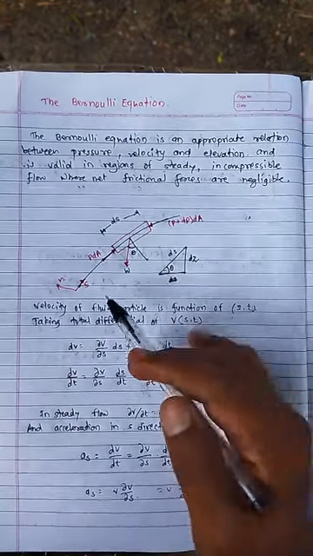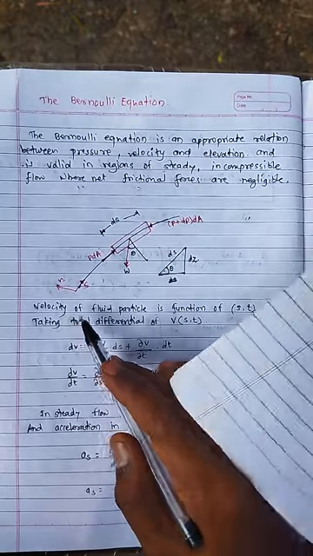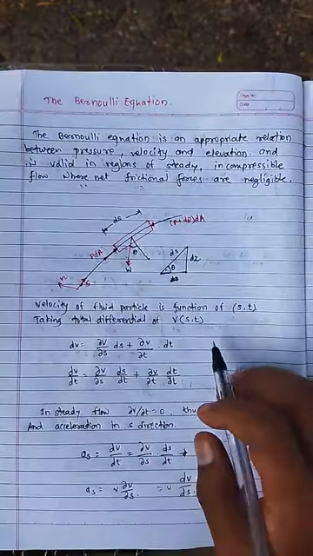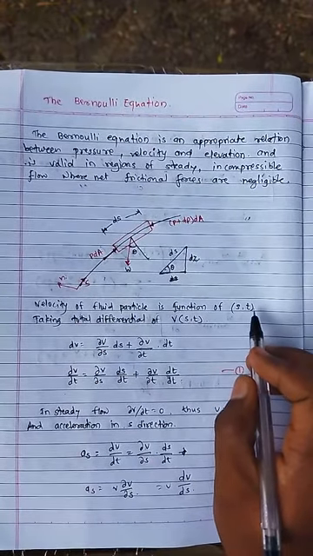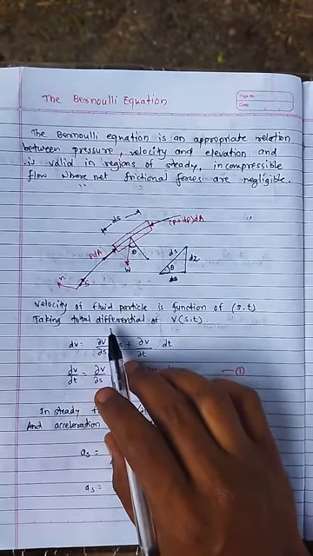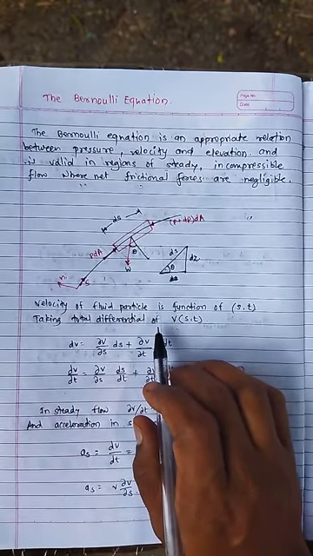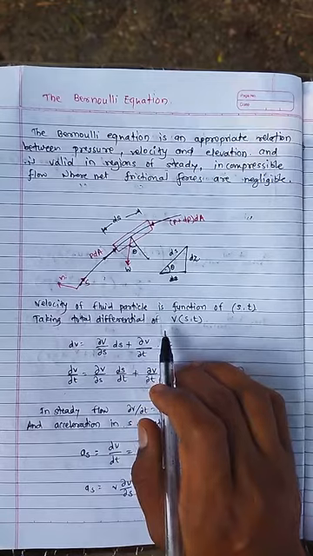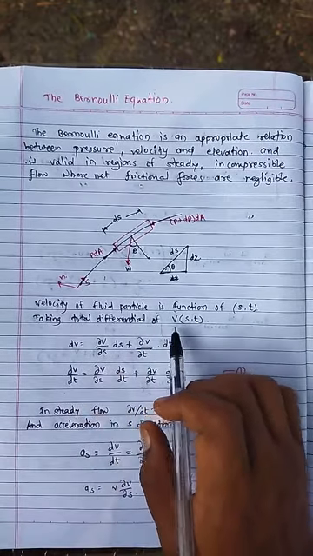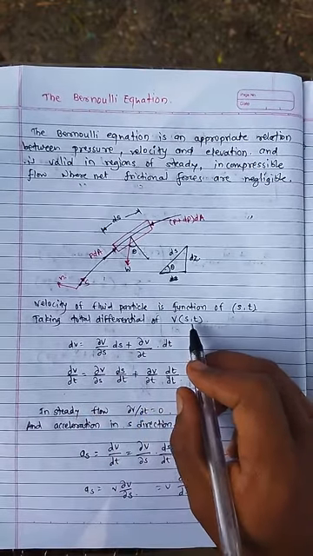Now the velocity of the fluid particle is a function of space and time t. Taking the total differential, velocity is a function of s comma t.